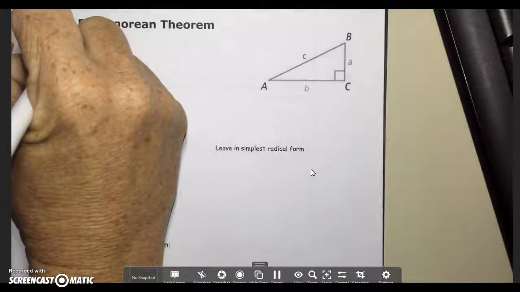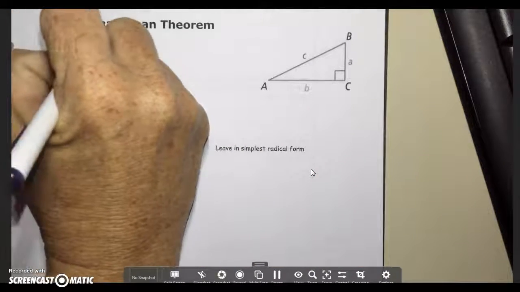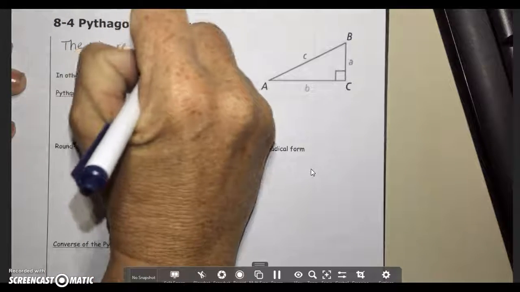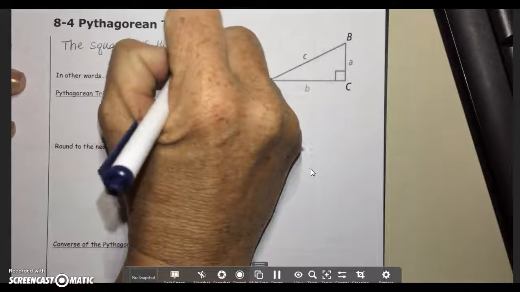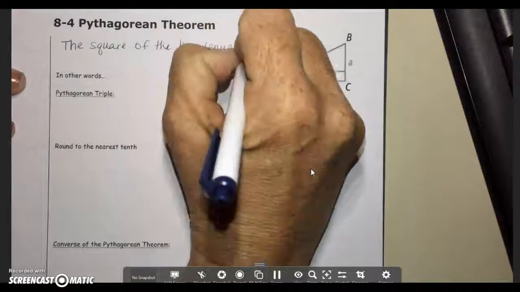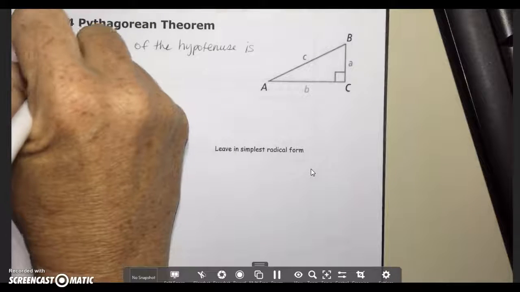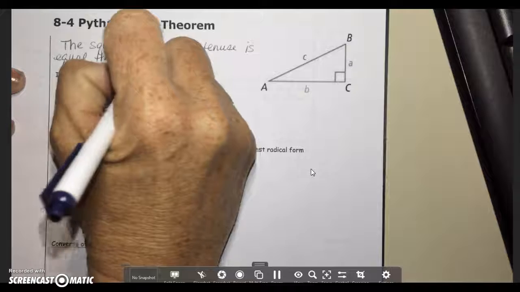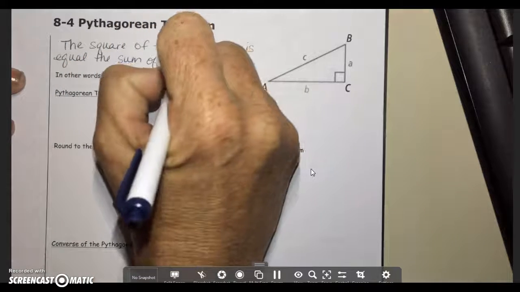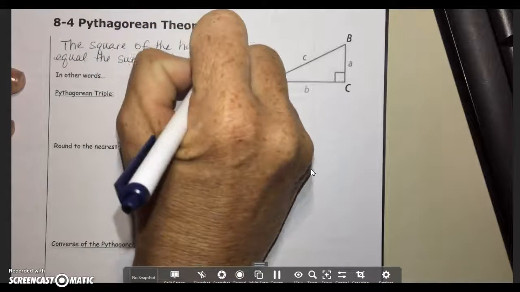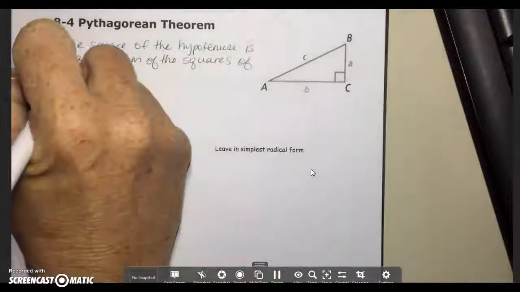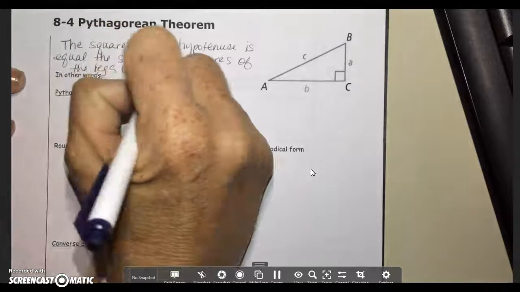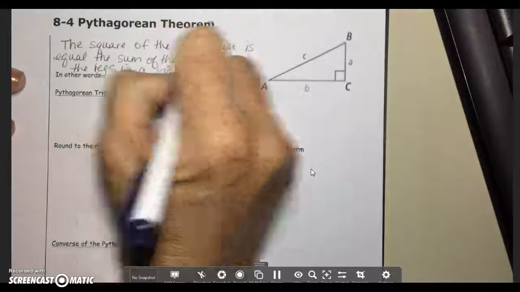Basically, the square of the hypotenuse is equal to the sum of the squares of the legs in a right triangle.